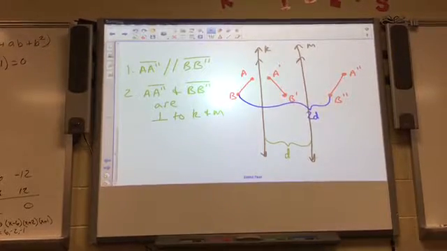They intersect to form a right angle. Good. Any questions on that theorem?